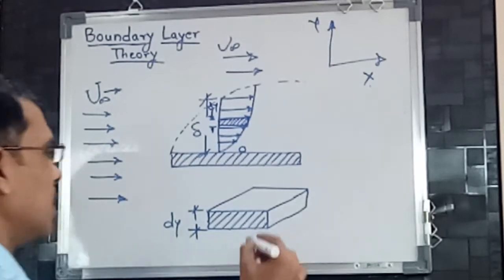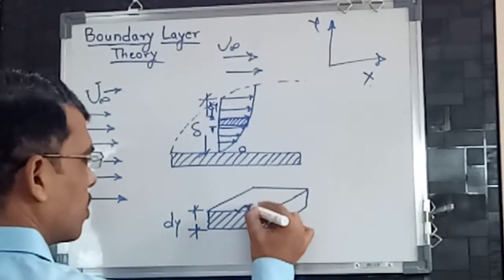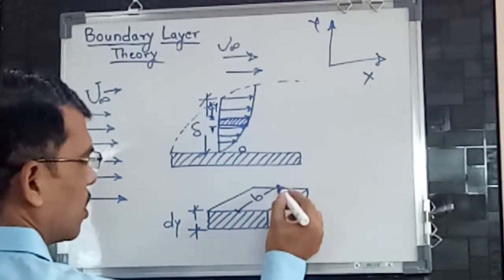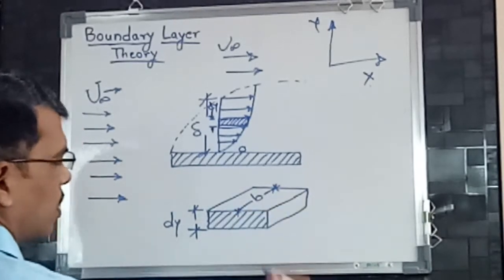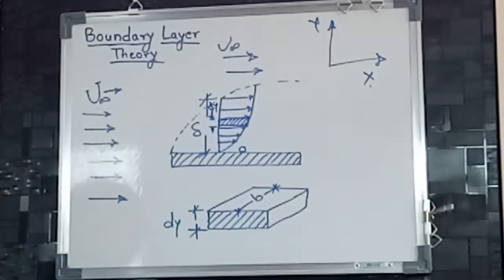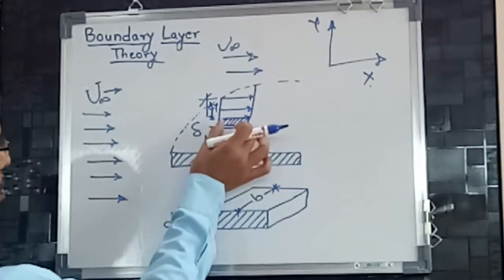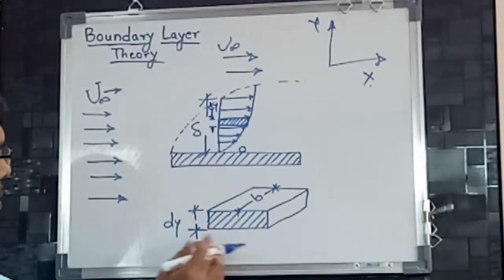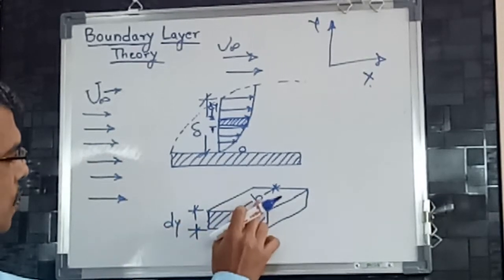And this distance, that is b. Okay, we have considered an element. This is one element. From here we are elaborating. What will happen? We'll see. This is dy and this is b.